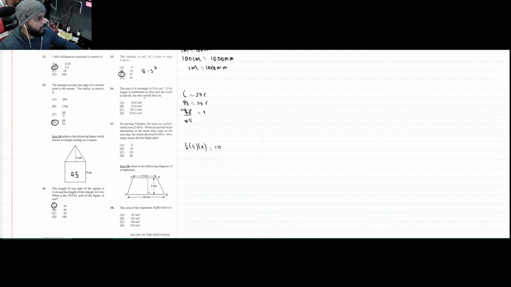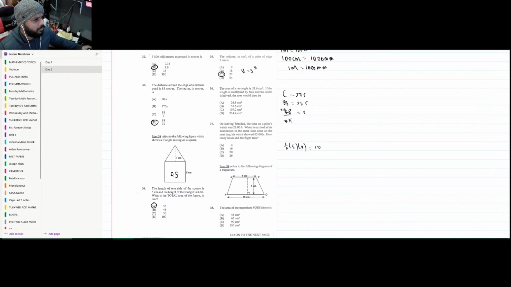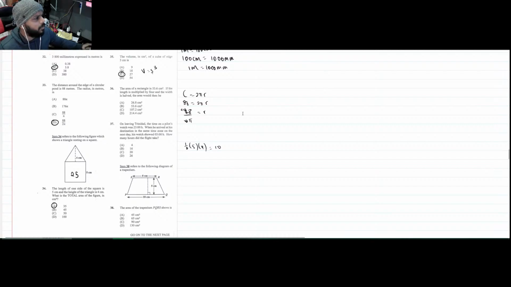If the length is multiplied by 4 and the width is halved, then the area would be, so I want to illustrate this here. I think I have this in a past paper. Alright, we won't dive into that. I'll see if I can remember how to do this proof. I can't remember the exact answer for the proof, so we'll just develop the proof here.